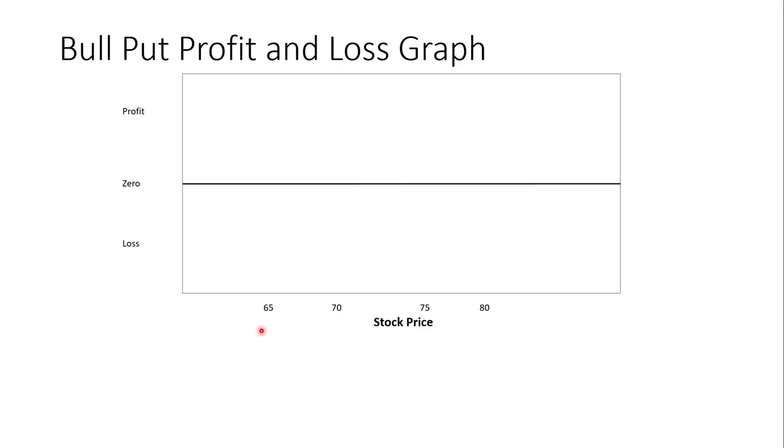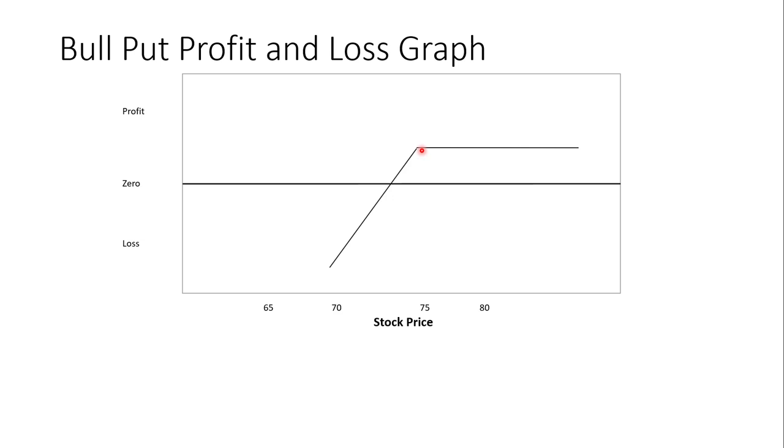All right, let's take a look at a profit and loss graph of the bull put. First of all, the first line here is analogous to a short put. I'm selling the right, I've got the obligation to take the equity should it fall below a current level.